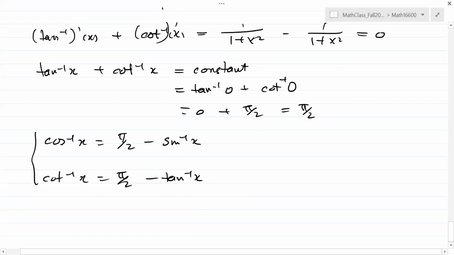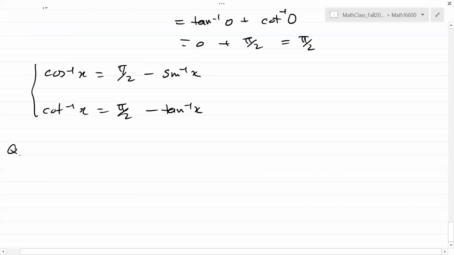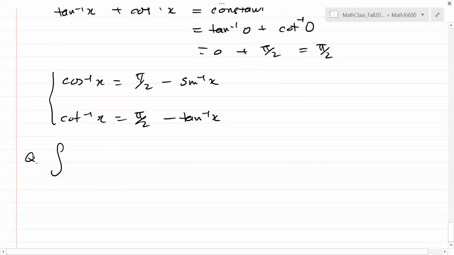All right, let's do some exercise. Okay. So let's evaluate the integral of, oh, okay.